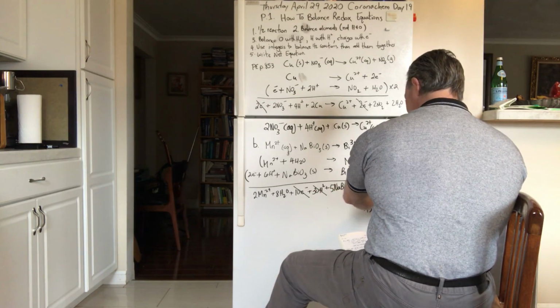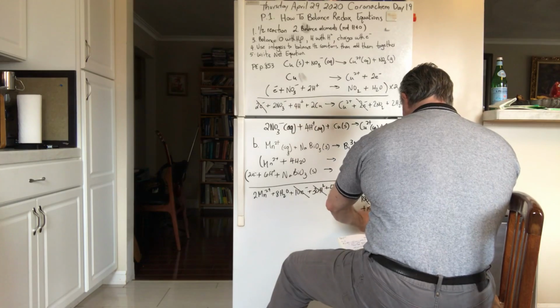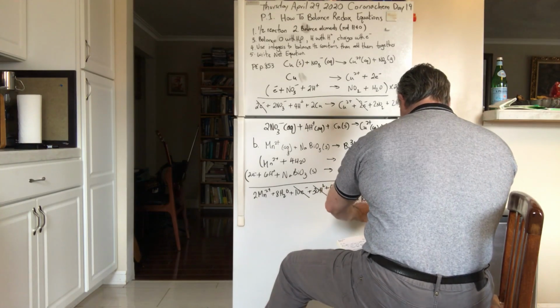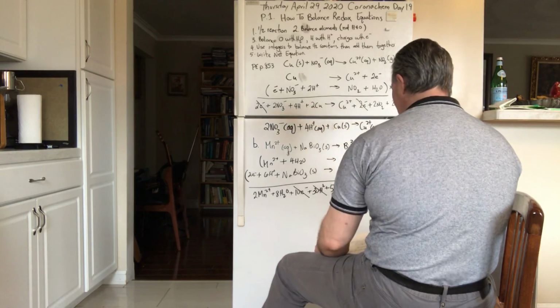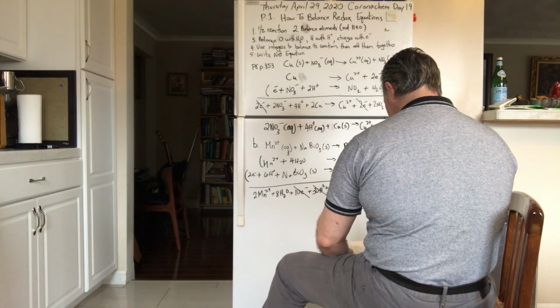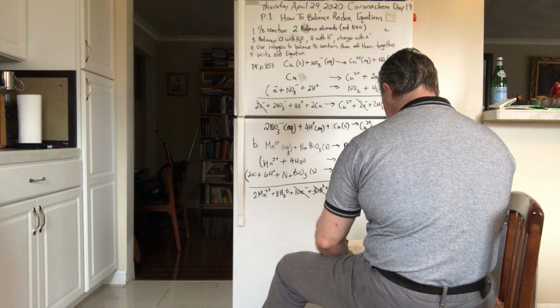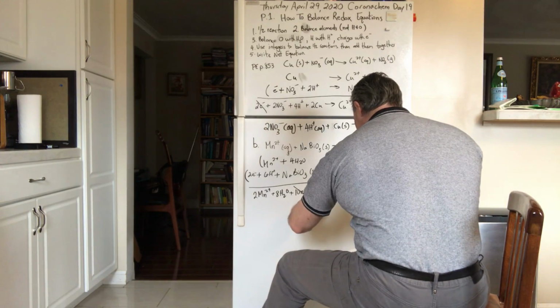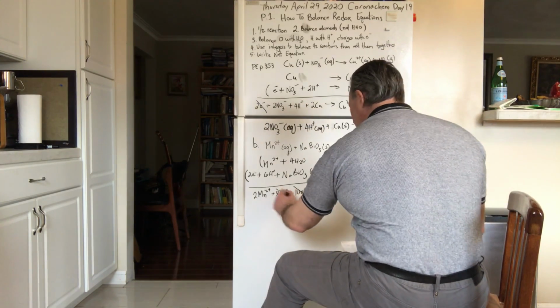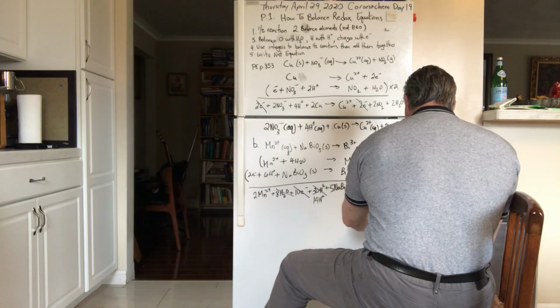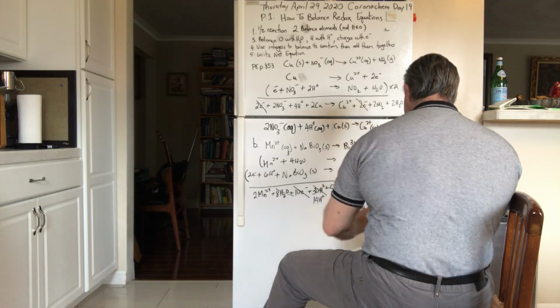I was canceling water. Sorry about that. Okay, this 30 hydrogens cancels with 16 hydrogens to give you 14 hydrogens left over. So I'll write that over here. The 8 H2O cancels with the 15 H2O to give you 7 H2O on this side.